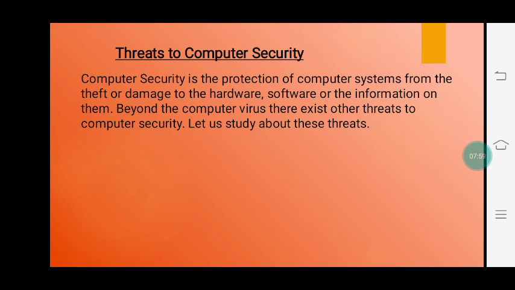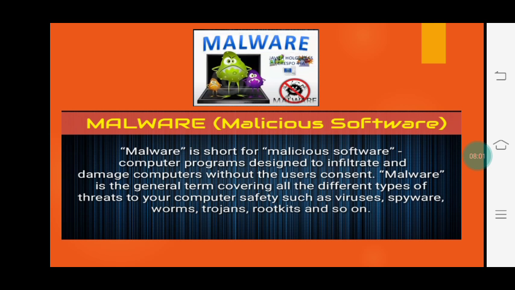Now the first one is the malware. Now malware stands for malicious software. This is specifically designed to gain access or damage a computer without the knowledge of the owner.